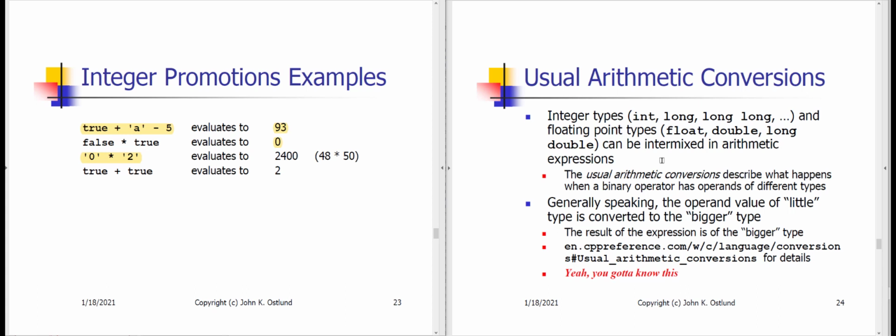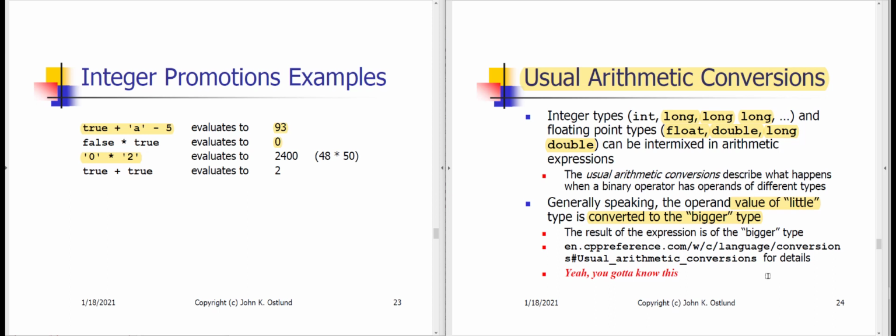Then, if there are also larger kinds of integers, such as long ints, or if there are floating point types involved, float, double, or long double, the so-called usual arithmetic conversions are brought into play, basically converting the value of the little data type into the bigger data type. All right, so if you add an int and a double, the int is converted to double first and the result is double.